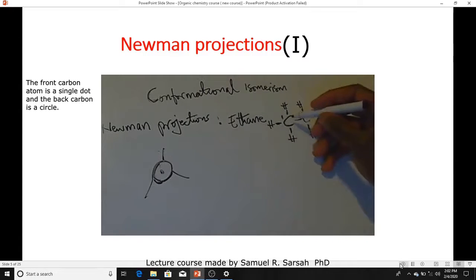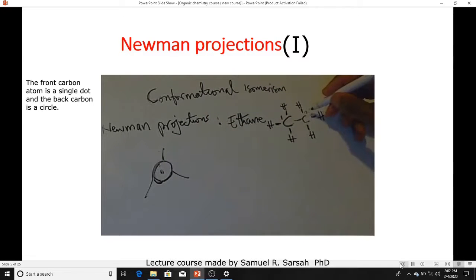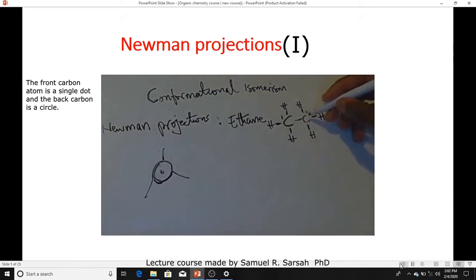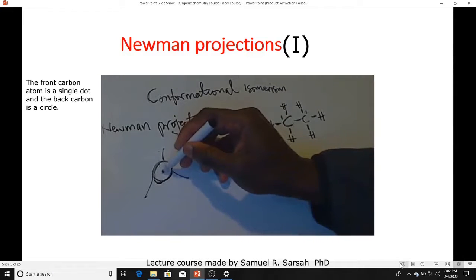Okay, so that's for this carbon number 1, which is a big circle. The smaller circle is inside here. It is joined to the big circle, which is carbon number 1. So this is right here.